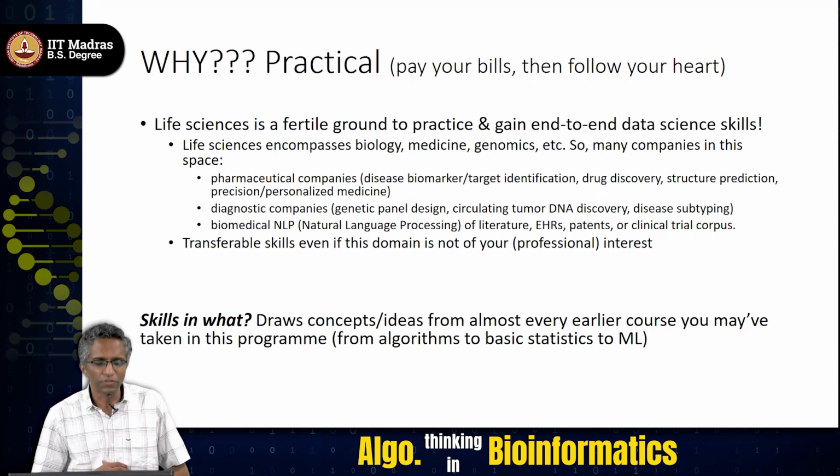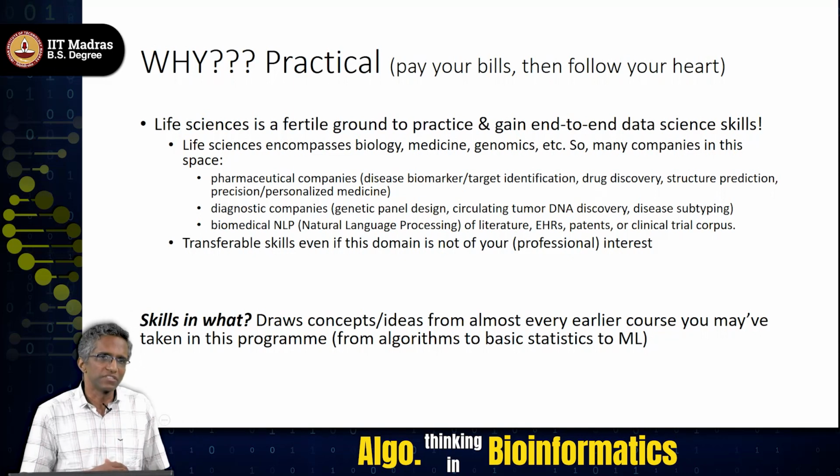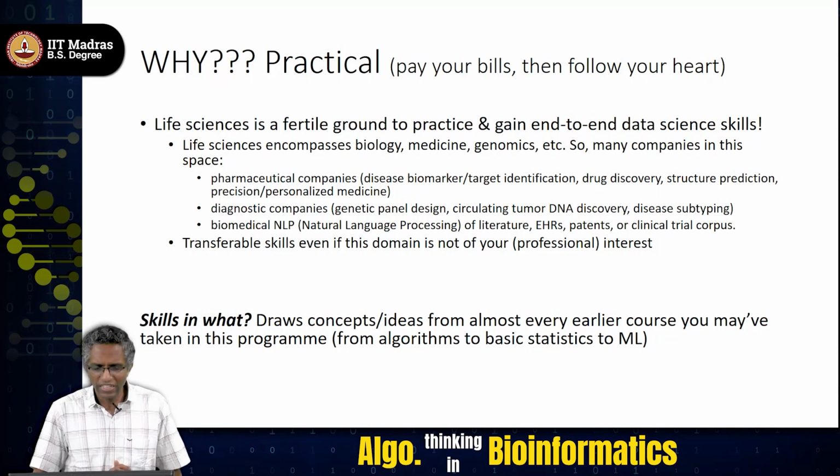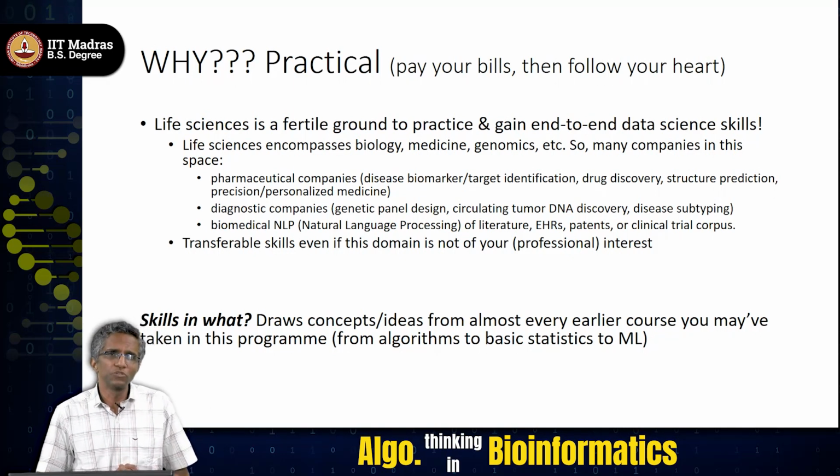So, applications of computational or algorithmic thinking in life sciences include basic biology as well as healthcare, medical data analysis and so on. Life sciences is a fertile ground to practice and gain end to end data science skills. Like I said, it encompasses different fields.